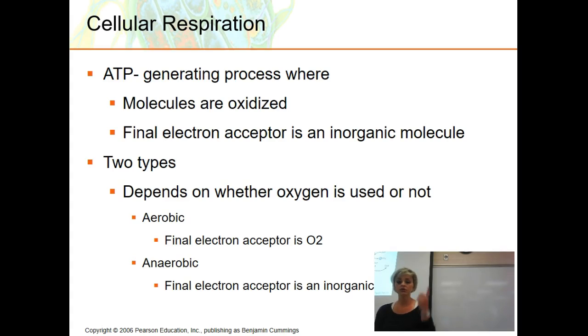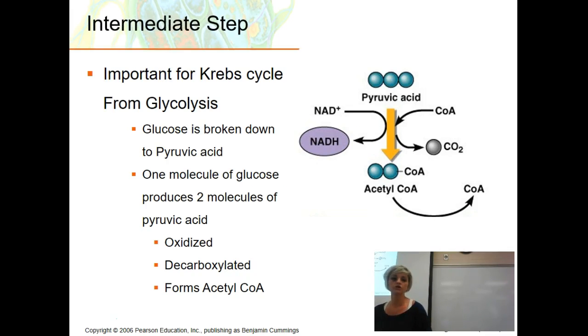And one of the things you have to revisit and think about in your mind is the Krebs cycle. Now let's think together. You start with glucose, which is sugar, right? We're going to break that down into pyruvic acid, which then gets broken down into acetyl-CoA.